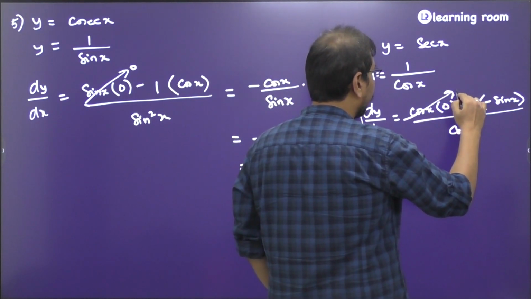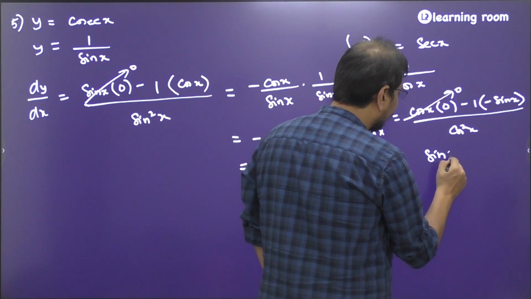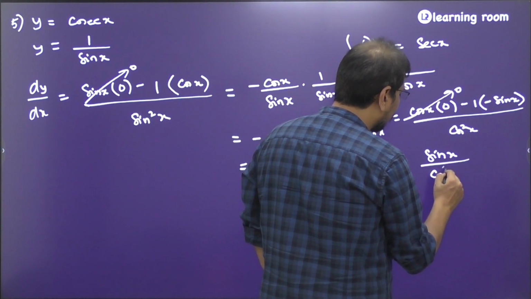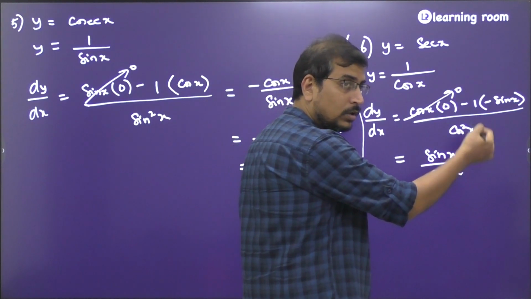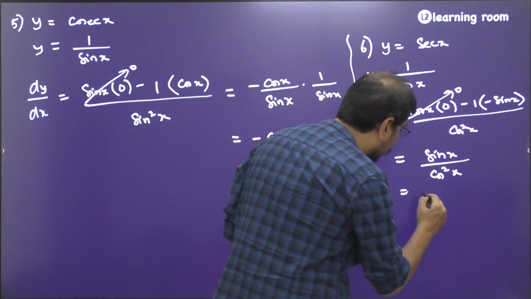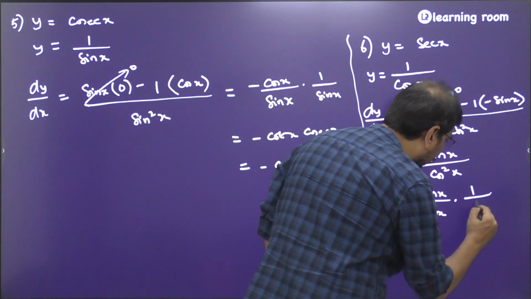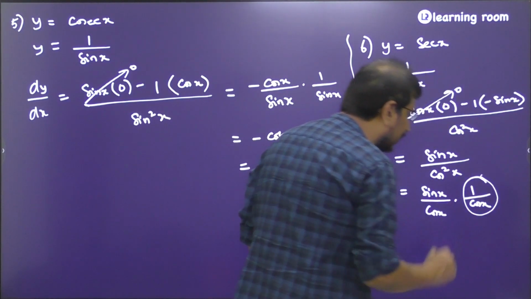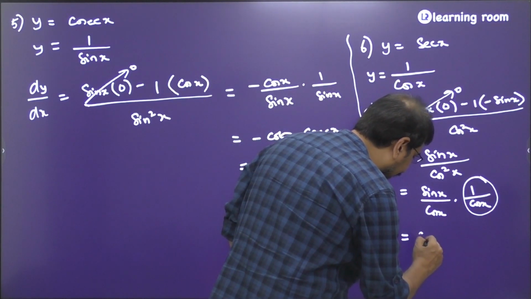So this value is going to be 0, minus of minus is plus. So I'll get sin x divided by cos square x. You can write it as sin x by cos x into 1 by cos x. So 1 by cos x is secant x, sin x by cos x is tan x.